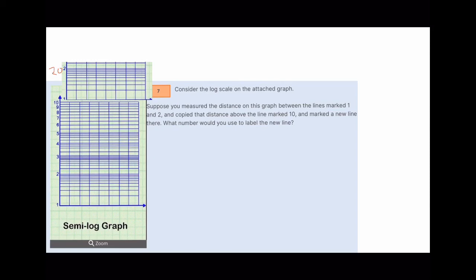If you wanted to extend the graph and you use the distance there between 1 and 2 to draw the y-axis higher, and I've illustrated that just by making a copy of the graph and pasting in the duplicate up there to measure the distance. Where would you get? Well, the correct answer, not much good without the explanation, but the correct answer is that you'd get up to 20.